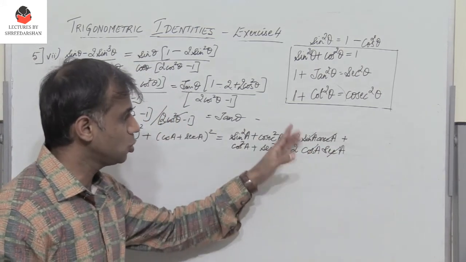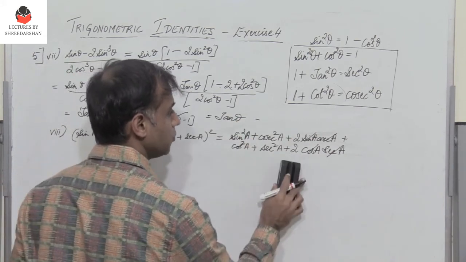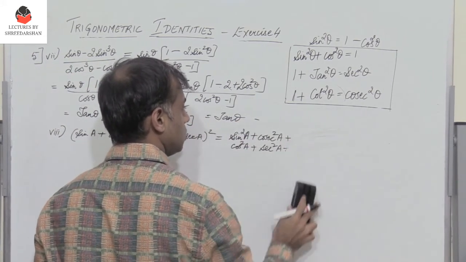So I have 2 plus 2, which is 4. So this becomes 4. So this is nothing but 4.